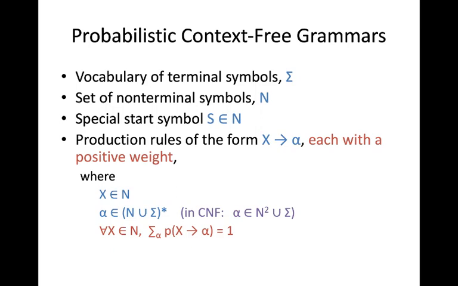This is all the same as context-free grammars, except for each production rule there is a positive weight. And these are constrained such that for every non-terminal on the left-hand side of the rule, all of the rules that have it, their probabilities, their weights, must add up to 1.